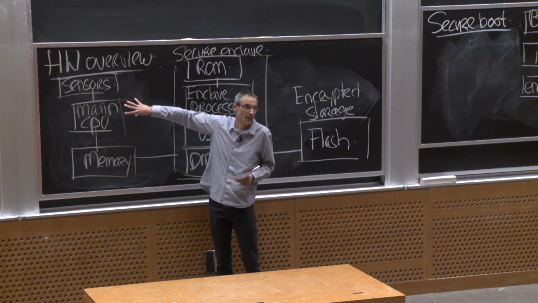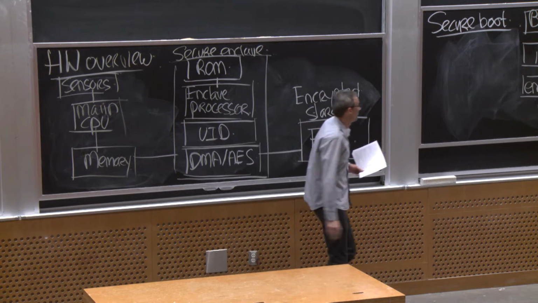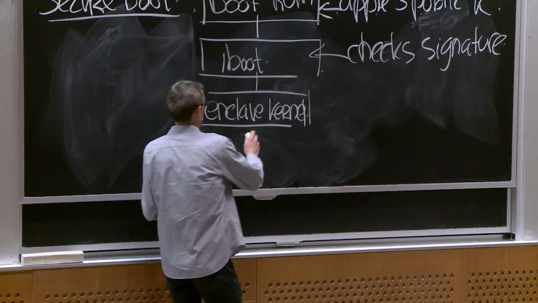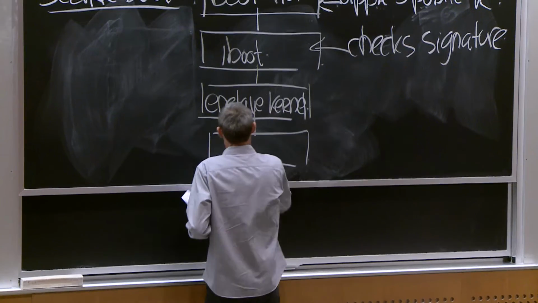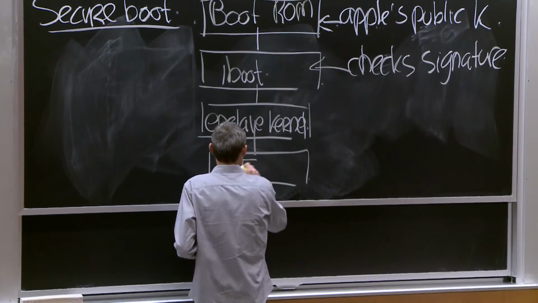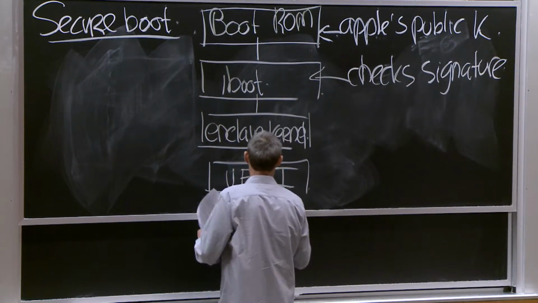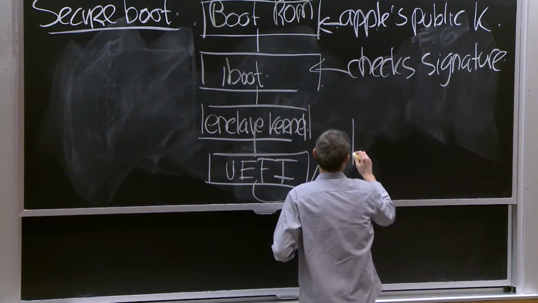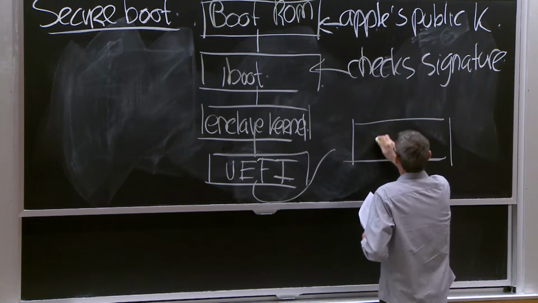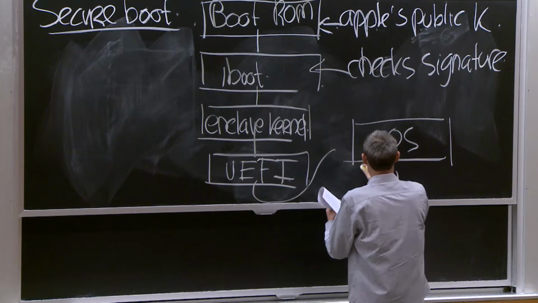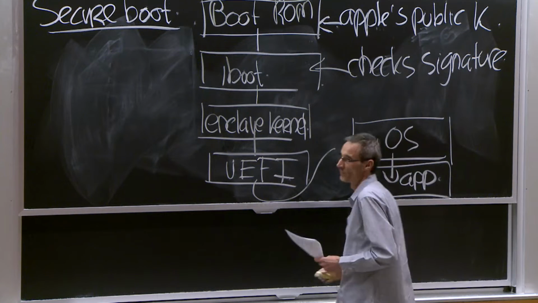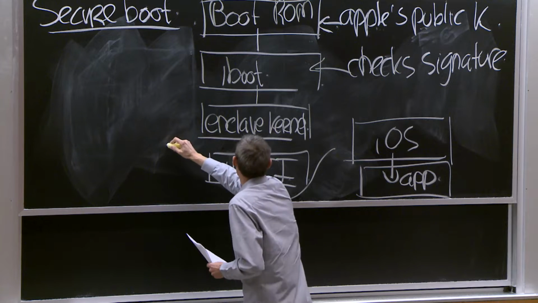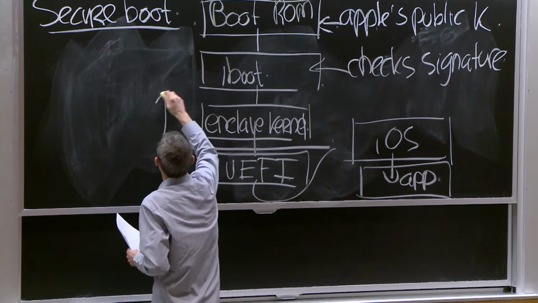We're not running iOS yet at all. And so the next couple steps typically are, basically there's some UEFI code, standard for booting, and that will go off and boot iOS, and that will actually boot your applications. And this, from here above, runs on the enclave.